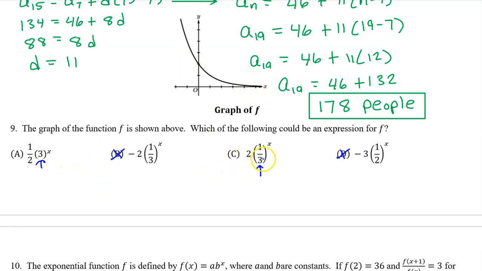If the b value is between 0 and 1, then from left to right, the curve should be getting closer and closer to 0. And that's what we see here. So the curve is getting closer to 0, so the b value should be between 0 and 1, like 1/3. So the answer is C. All right, the graph of A would be exponential growth like this.